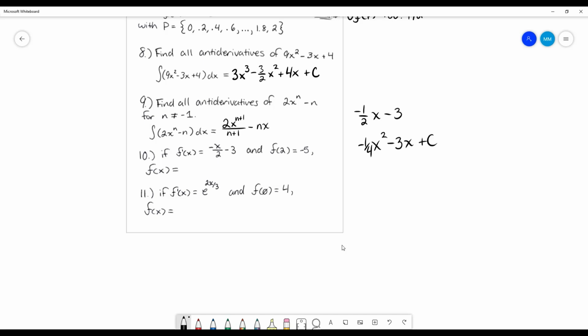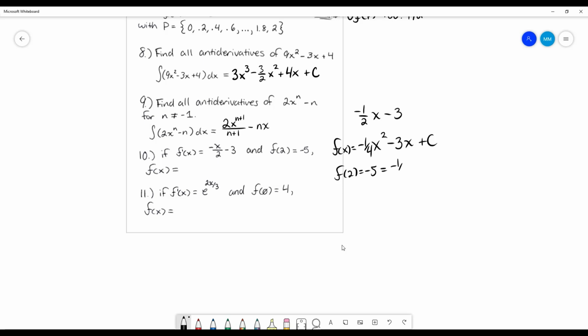We could do that plus c, but I know since we're going to be putting stuff in, it's not super obvious. No, we do want to do that plus c. Sorry, misspoke. Now, I know that my f of x is going to look something like this because I just did my antiderivative there. So now I know f of 2 equals -5.